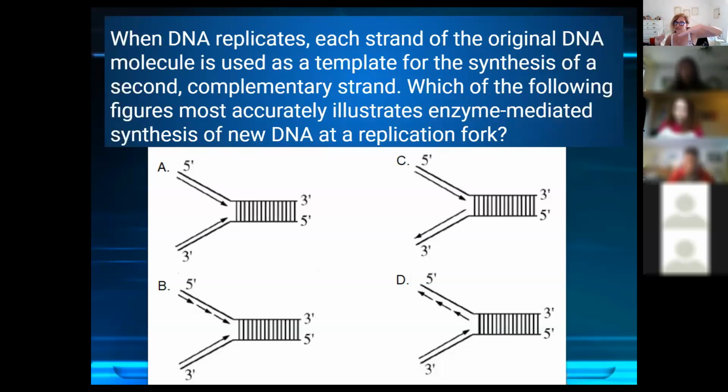And the lagging strand at the top, because it's in pieces, I know that's the lagging strand, is at the top, and it's going away from the replication fork. Does everybody see why D is the correct answer when you look at directionality? Okay, very good.